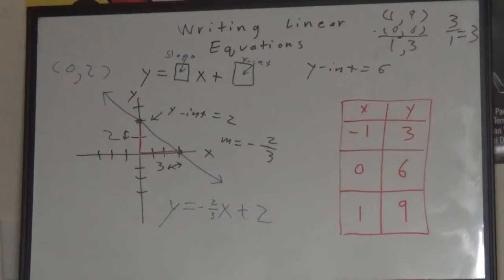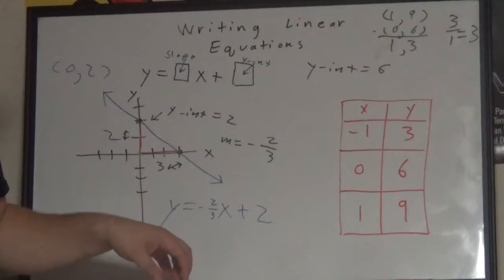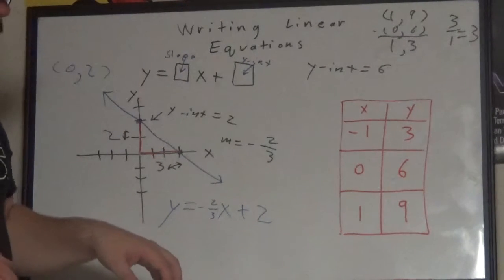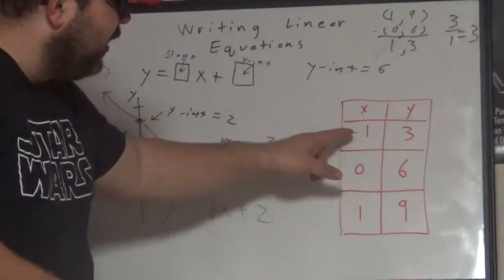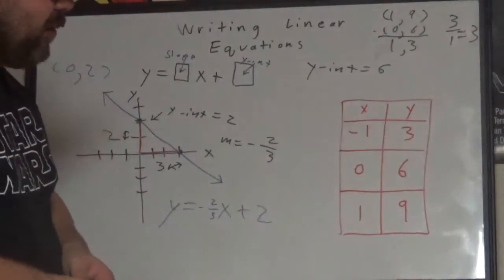And that's what I talked about 2 videos ago. In this case, there's an easier way to find it because the slope is also called the rate of change, and that's how much our y's are changing every time that our x increases by 1.